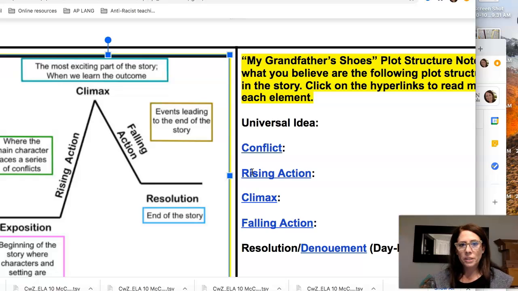I'm asking you to identify the rising action, okay, the events that lead up to the climax. I'm asking you to identify the climax itself, that high energy tipping point, and then the falling action, all of the events that quickly lead us to the final resolution.